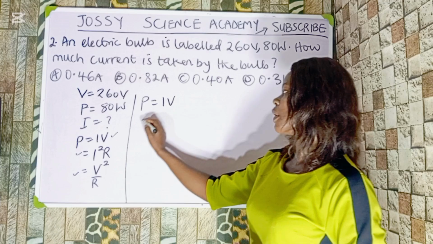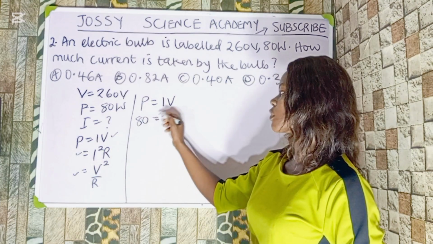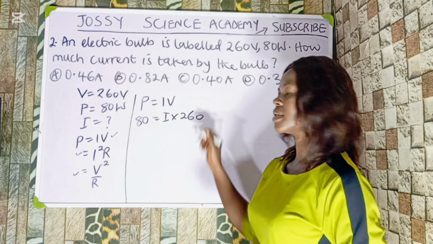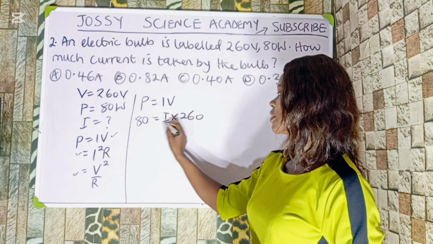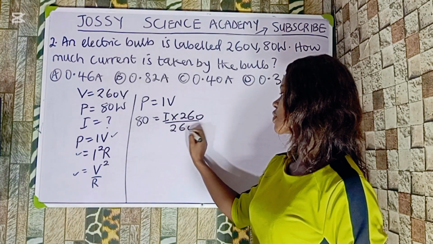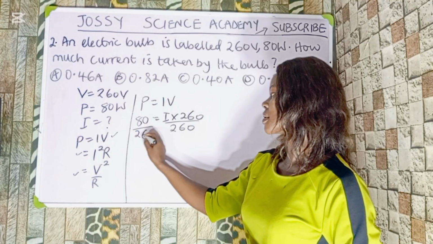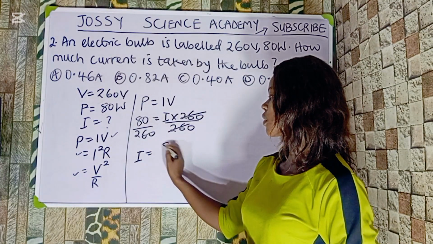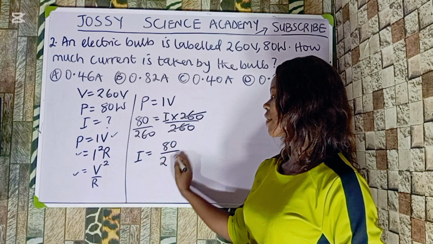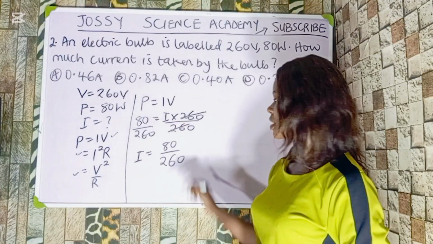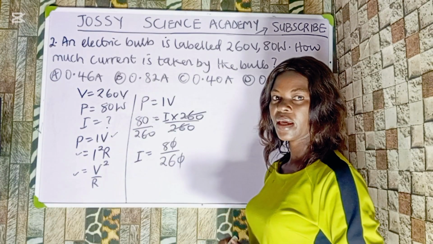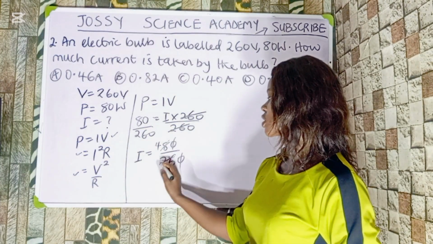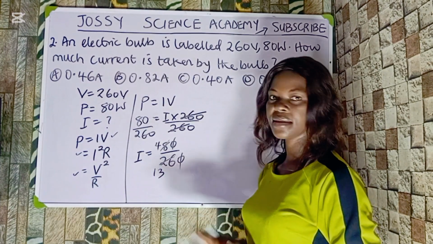So let's go. P, which is power, is 80, equal to I, which is what I'm looking for, multiplied by 260. So divide both sides by the coefficient of I, which is 260. This cancels this. So my current is equal to 80 over 260, right? Then I cancel this. 2 into this gives me 4, and 2 into this gives me 13.